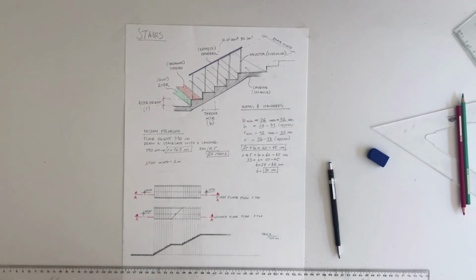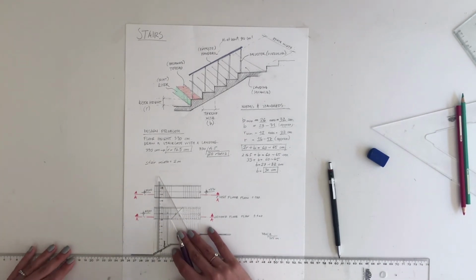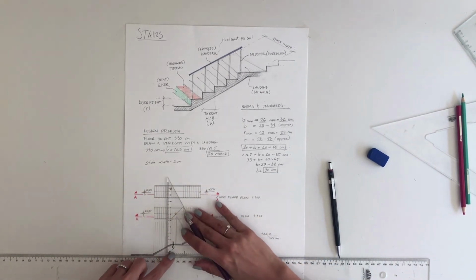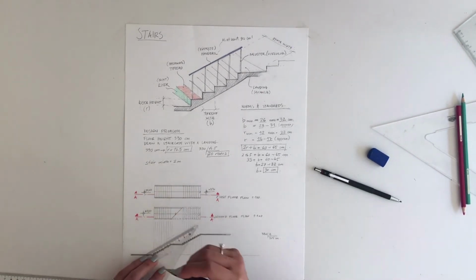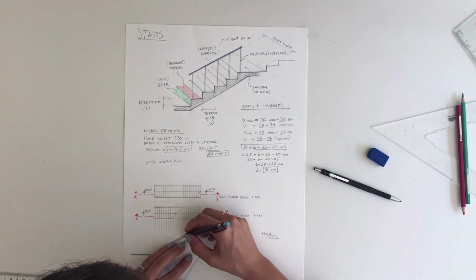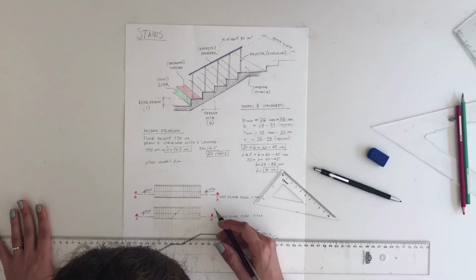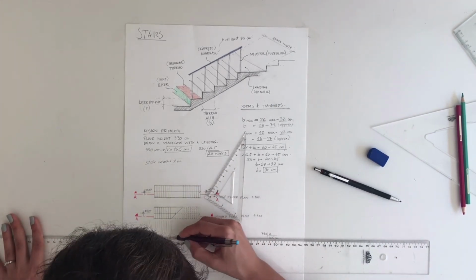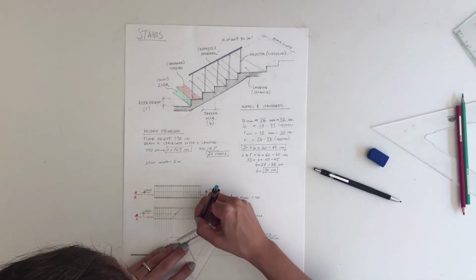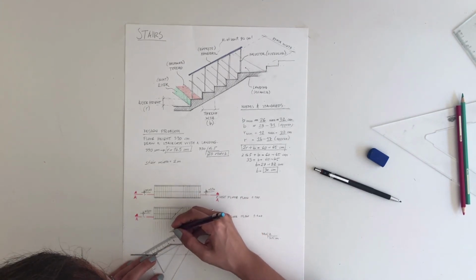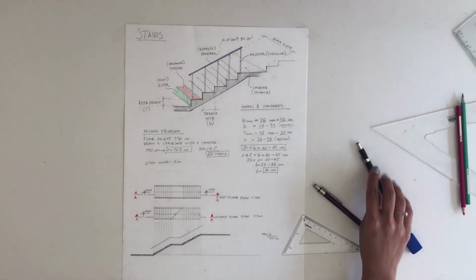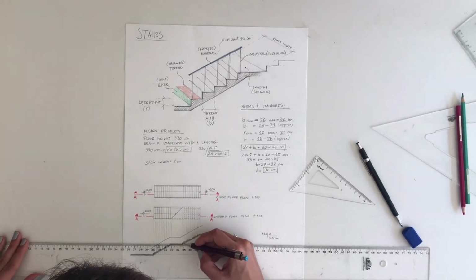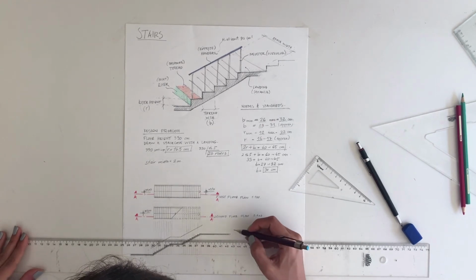What is missing? My handrail. So for my handrail, let's say it's 1 meter. Yes, so I marked 1 meter height, and I'm going to mark 1 meter height from the landing. Now I also drew my handrail, and the last thing I'm going to do is to put my level signs.